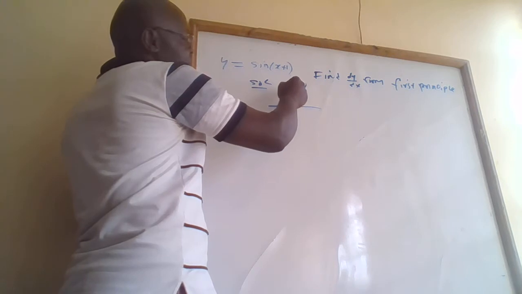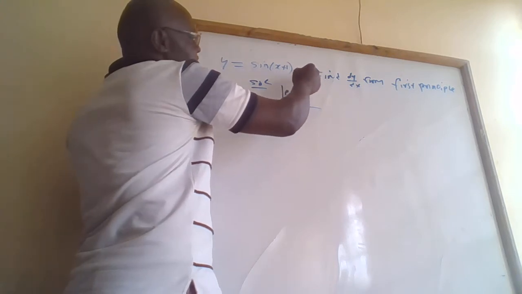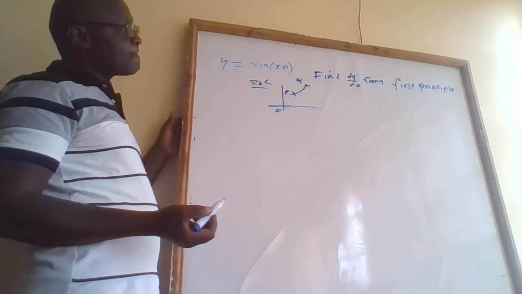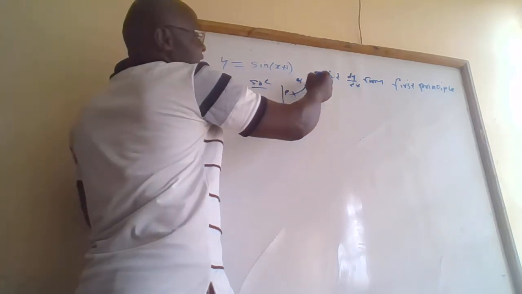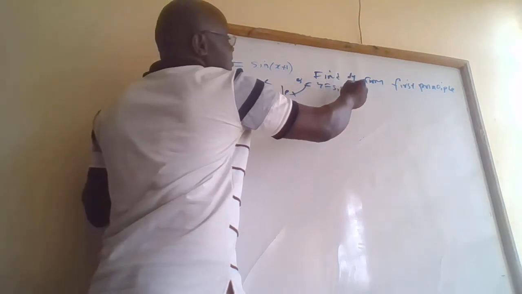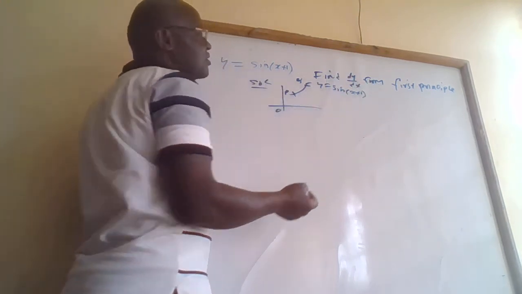This is point P, and this is point Q. So we can assume that this curve is y equals sine of x plus 1.